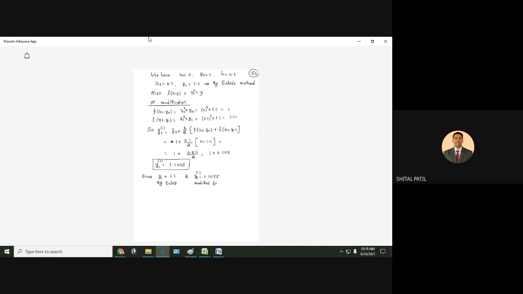See what the relation is between both. The whole number is 1 in both cases. First decimal place is 1. I don't have any number, therefore I can write 0. Second decimal place is 0 in both cases. Third decimal place is 0 in case of Euler's, and in case of modified Euler's method it is 5.